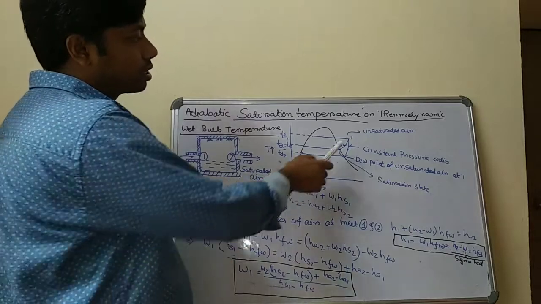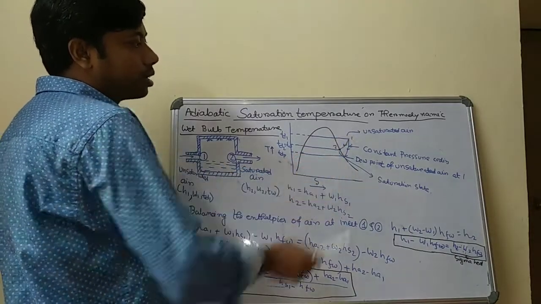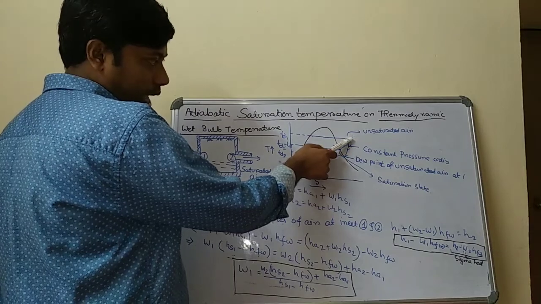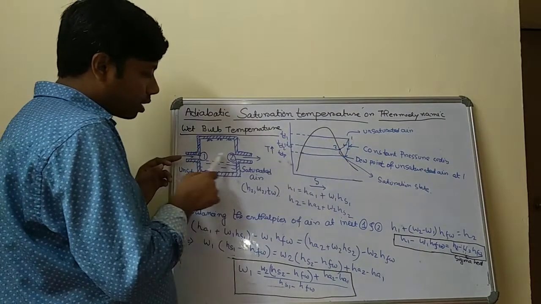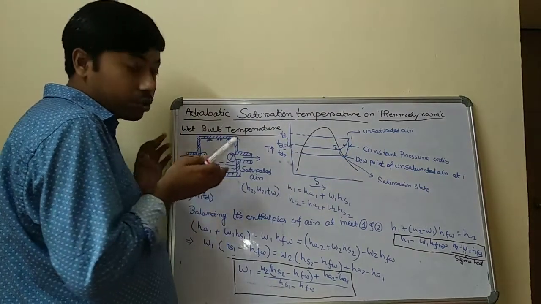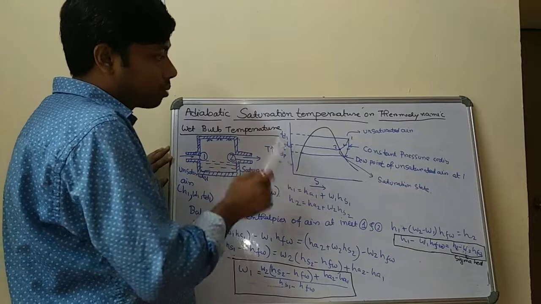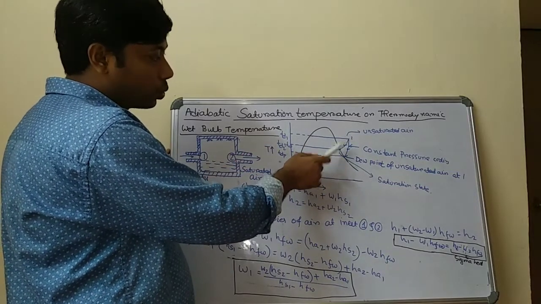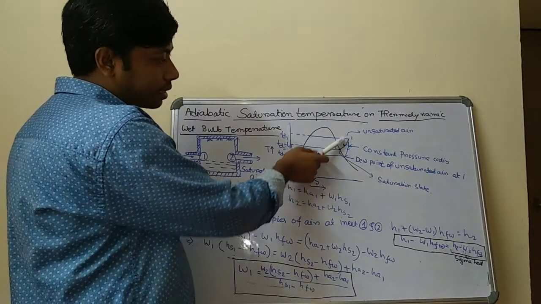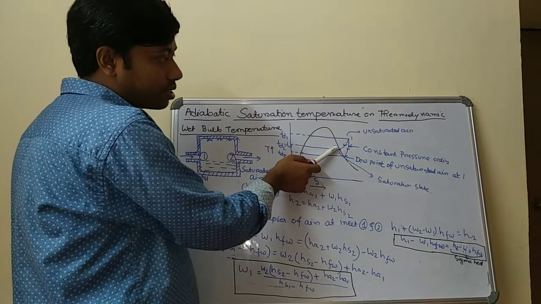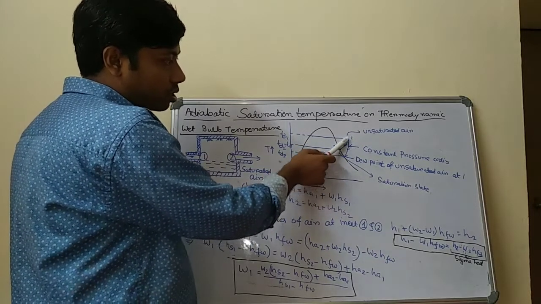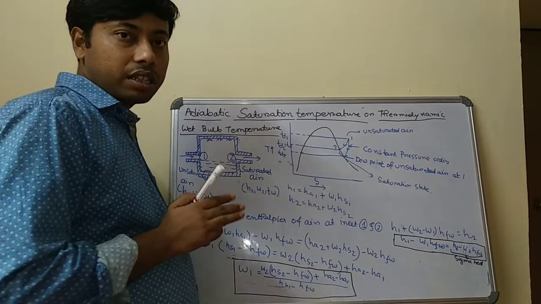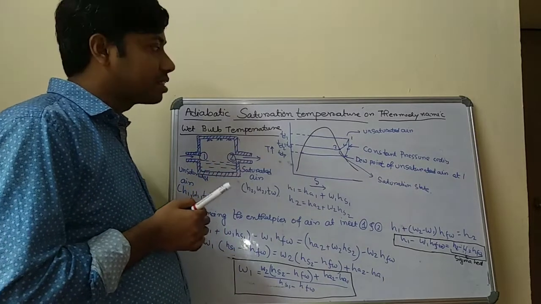In it, point 1 is your unsaturated air condition, as the process goes through the insulated chamber. Some processes occur, and when it reaches point 2 at section 2, it reaches the saturation state. So the cooling process from 1 to 2 is the adiabatic cooling process or adiabatic saturation process.